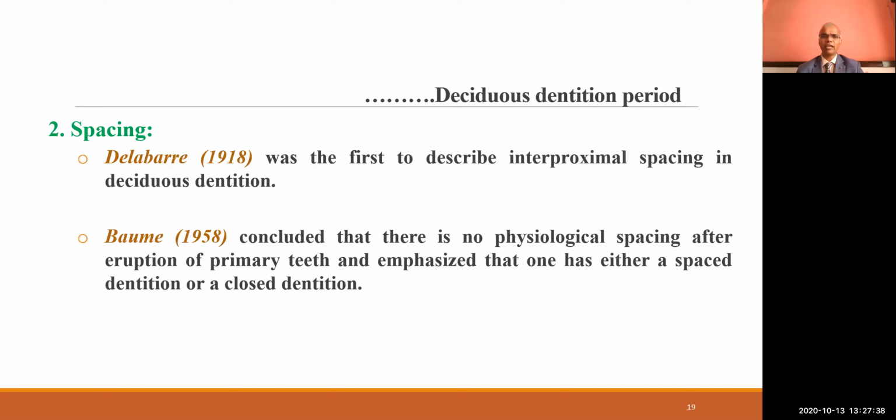Spacing. Delabarre was the first to describe interproximal spacing in deciduous dentition. And Baume concluded that there is no physiological spacing after the eruption of primary teeth, and he emphasized that one has either a spaced dentition or a closed dentition.